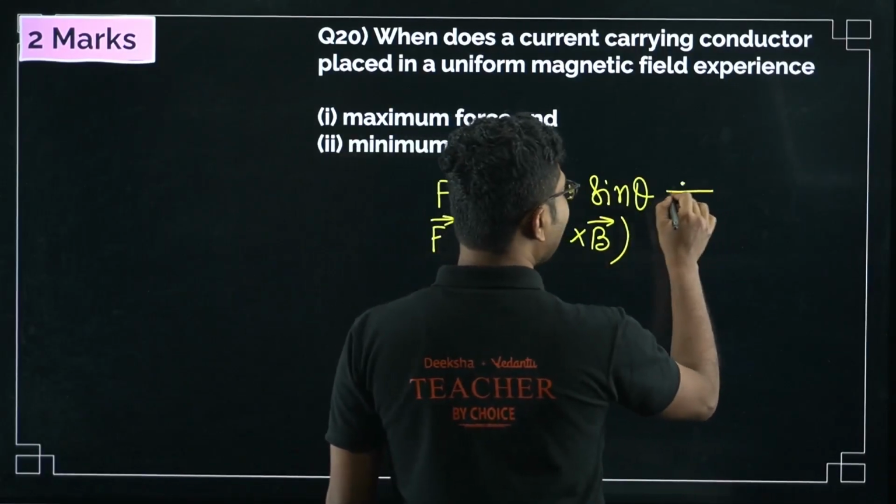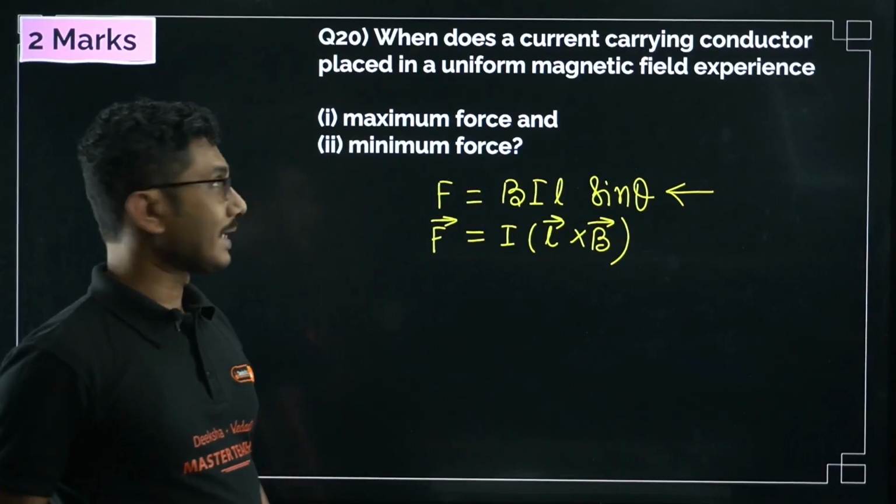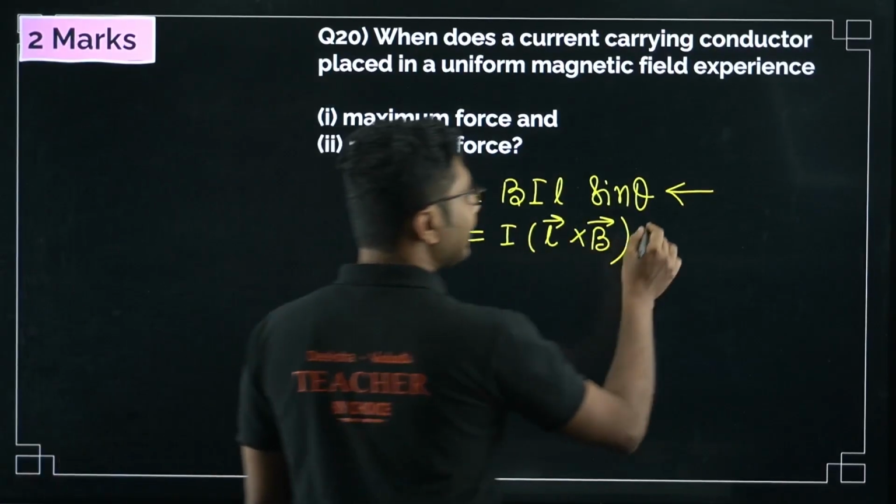If theta is 0, then there is no force acting. And maximum is when theta is 90.